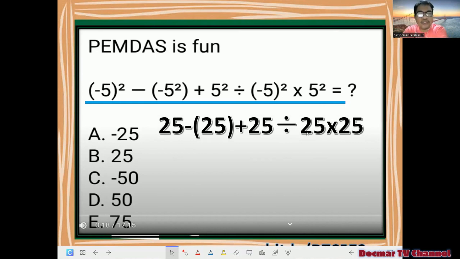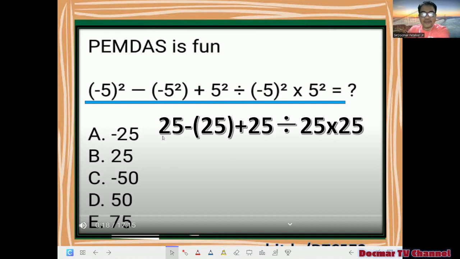We multiply negative 5 times negative 5 equals 25. Minus, we perform this operation, the exponent, negative 5 times negative 5, 25. Plus 5 raised to 2 is 25. Divided by, we perform this also, negative 5 quantity raised to 2 equals 25. This one is times 25.